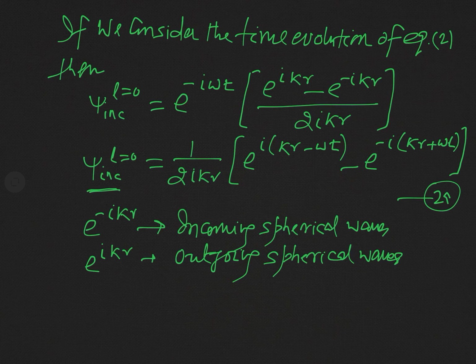So in absence of the scattering potential, the incident wave for l equal to 0 is actually constituted by the two spherical waves. First one is the incoming spherical wave, which is radially coming toward the scattering center, and the other is the outgoing spherical wave, which radially moves away from the scattering center.